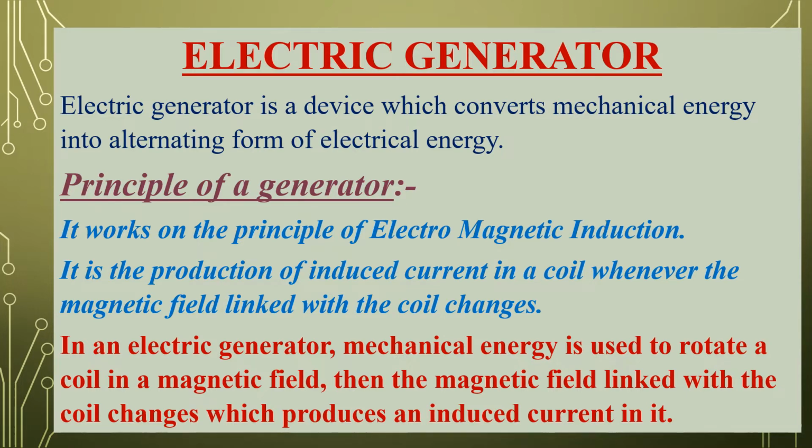In an electric generator, mechanical energy is used to rotate a coil in a magnetic field. Then the magnetic field linked with the coil changes, which produces an induced current in it. The mechanical energy used to rotate the coil can be hydro energy, wind energy, etc.